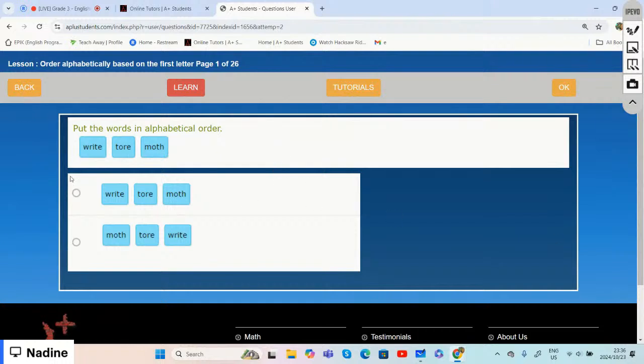So we have white, tore, moth. We need to put these words in alphabetical order.